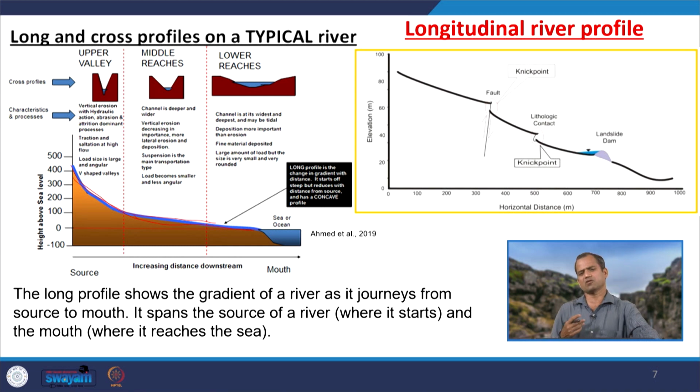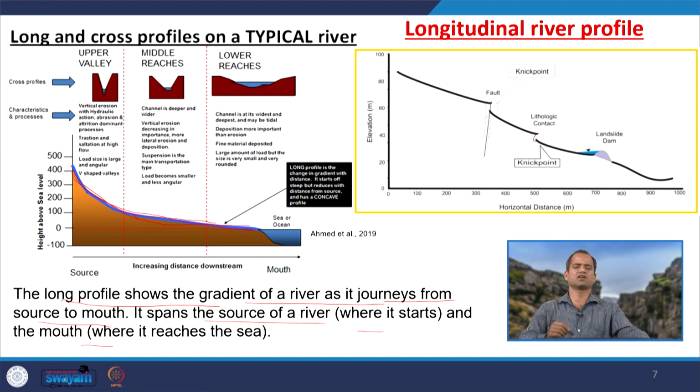Particularly, I am talking about the alluvial rivers. The long profile shows the gradient of a river as it journeys from the source to the mouth. It spans the source of a river where it starts and the mouth where it ends. So, ideally the longitudinal profile should be concave upward.